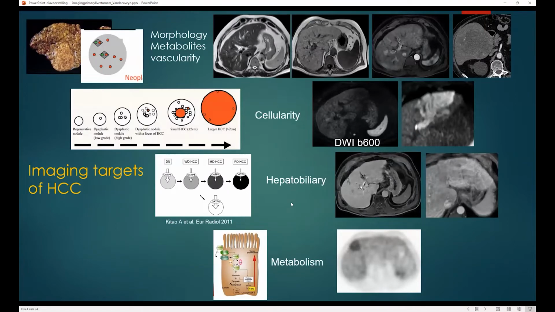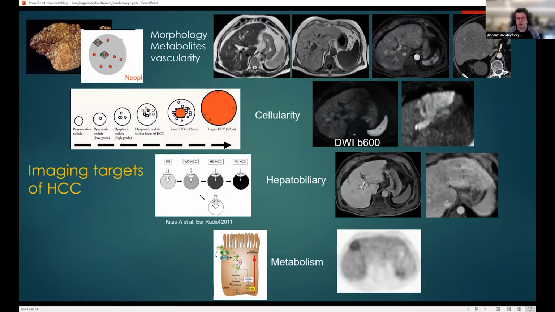Okay, so in MRI we had our morphology, metabolites and vascularity. How do we make the diagnosis of a dysplastic nodule? Mostly it is T1 hyperintense because of the increased glycogen content. So these are ways, by depicting metabolites, that we diagnose dysplastic nodules.